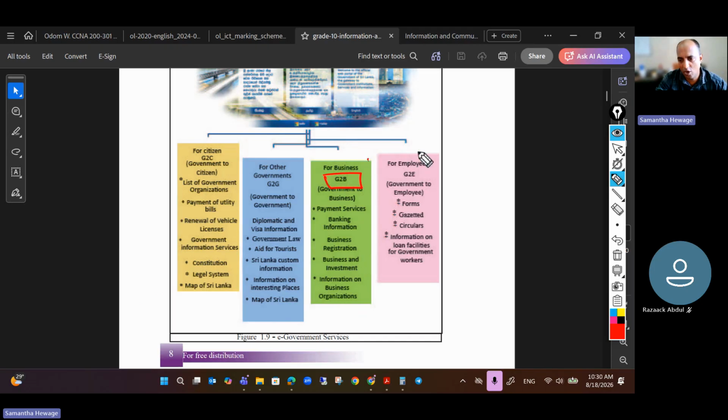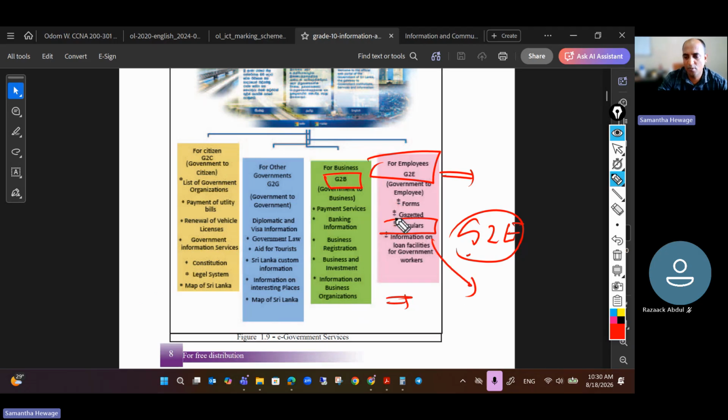Then lastly, we have to discuss government to employee. Yes, very essential. Let's say you are a government employee. So you should be aware of the circulars. Circulars means, each and every government organization releases some rules and regulations, using circulars and gazettes. We say gazette notices, right?